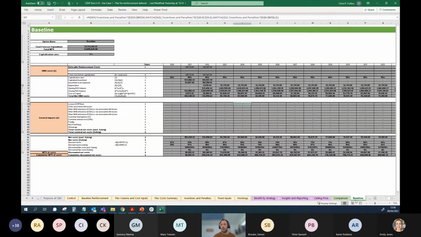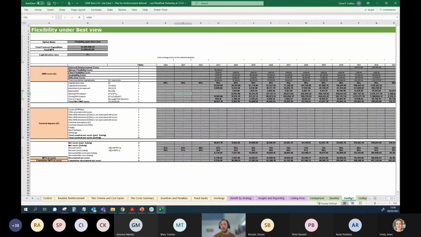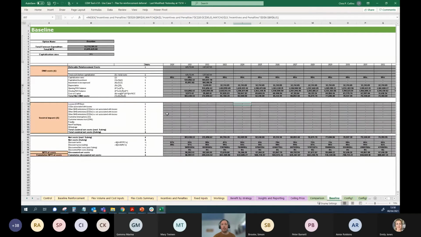I did mention that there are some behind the scenes tabs here, and if you're familiar with the Ofgem template, this is very much the Ofgem template, and this is what's driving the calculations in the tool. So all the calculations are done using this framework. So all costs, be they capex or opex, are given what we call TOTEX treatment.